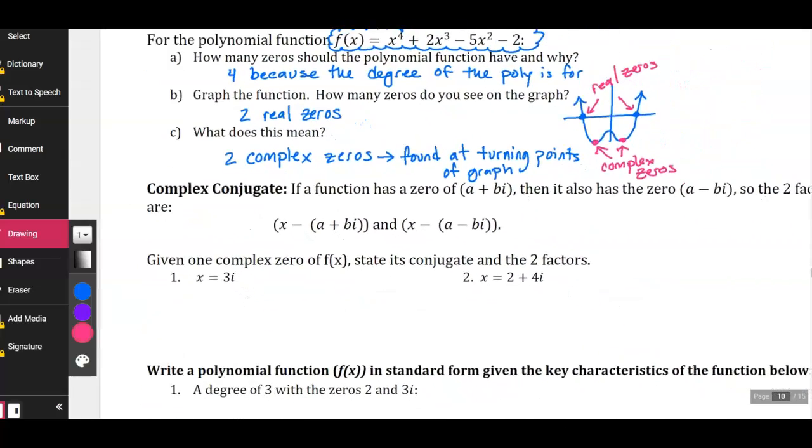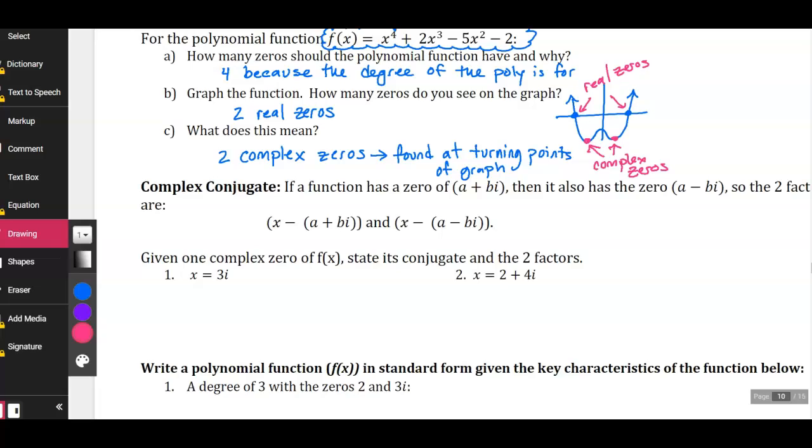Whenever we're given a complex zero, or the problem tells us there's a complex zero, say it tells us that there's a zero at a plus bi, complex zeros always have what are called conjugates, meaning not only do we have a zero at a plus bi, we also must have a zero at the conjugate a minus bi.